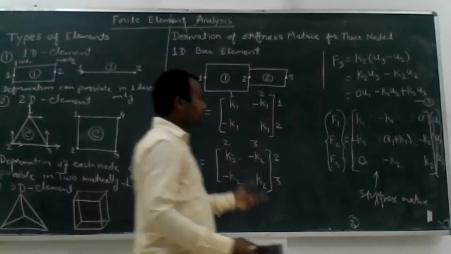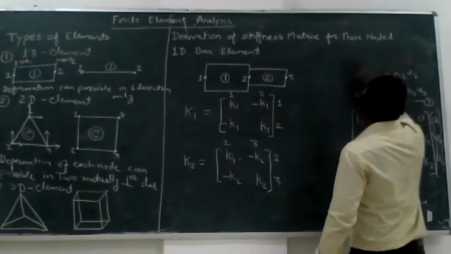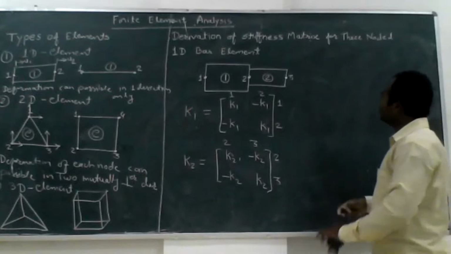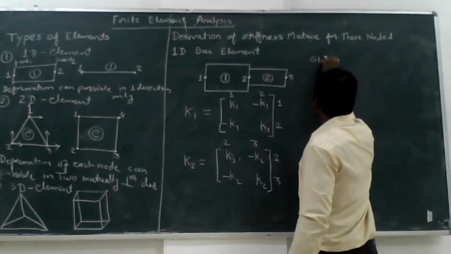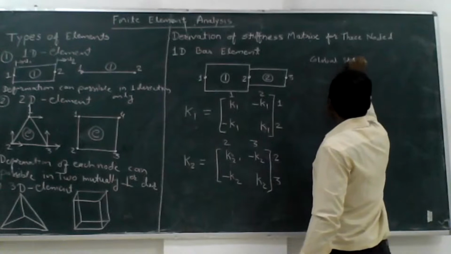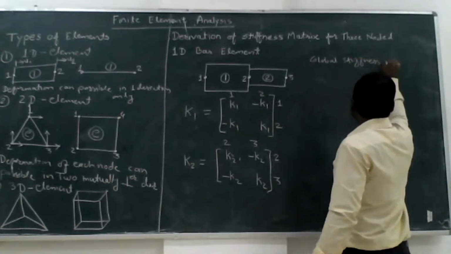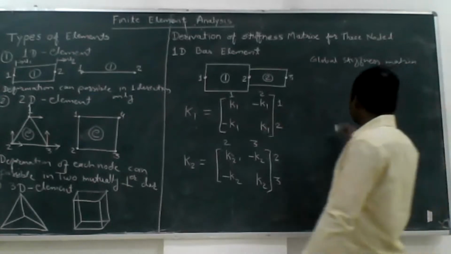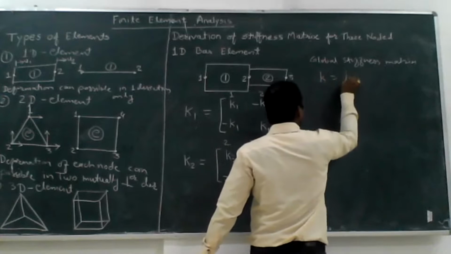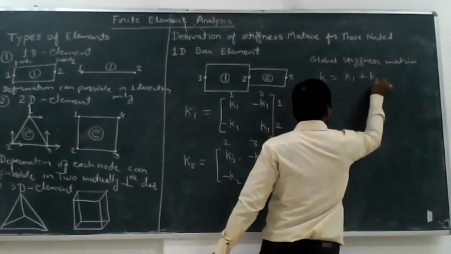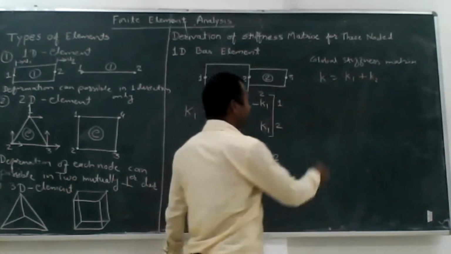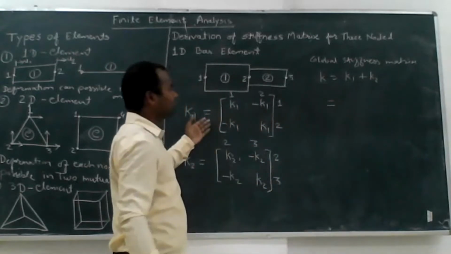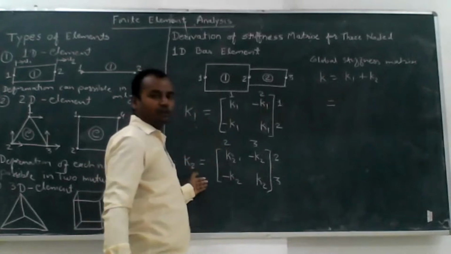Okay, so now you have to form the global stiffness matrix. So the global stiffness matrix for the 3-noded element will be K equals K1 plus K2. The matrix of K1 is 2 by 2 and the matrix of K2 is 2 by 2.